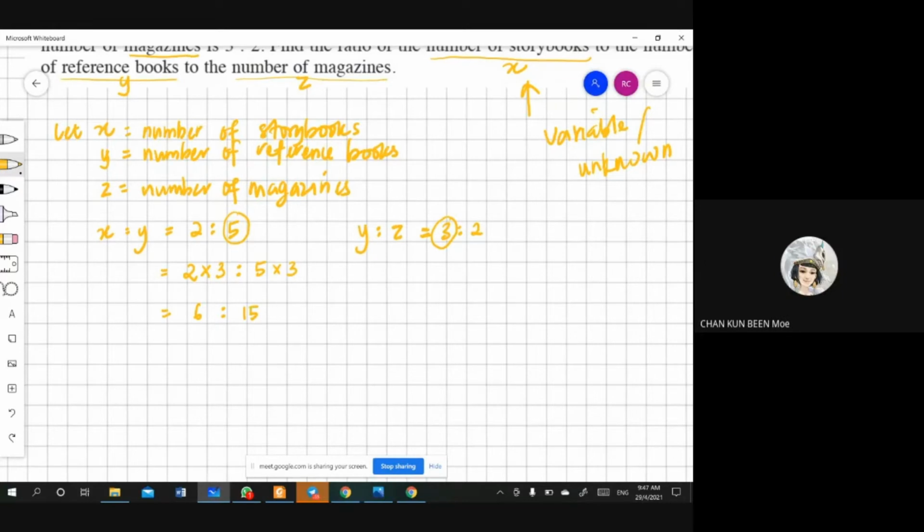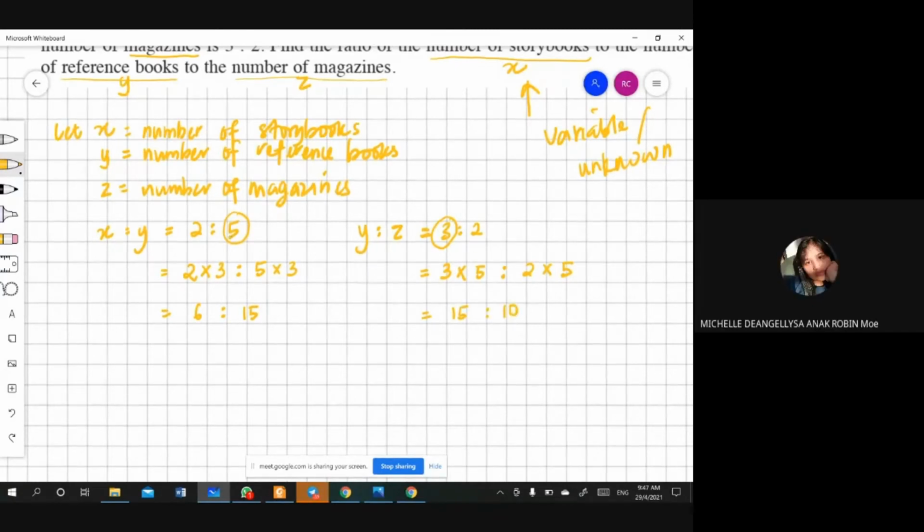So we have done for the first part over here. Very good. We continue with the second part. So 3, we are going to multiply by 5. Correct. And then 2 multiplied by 5. Yes. So 3 times 5 equal to 15. 15. Very good. 2 times 5.